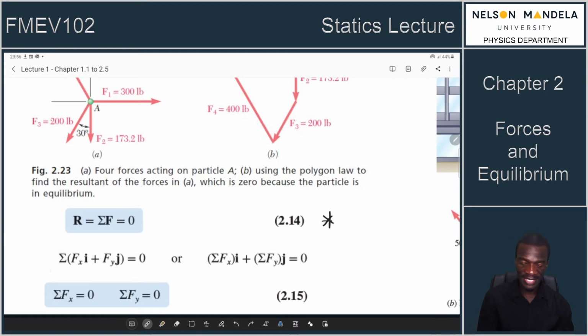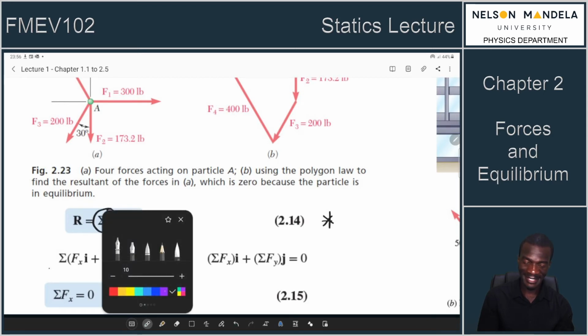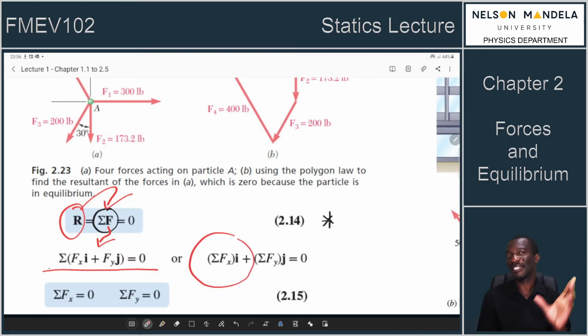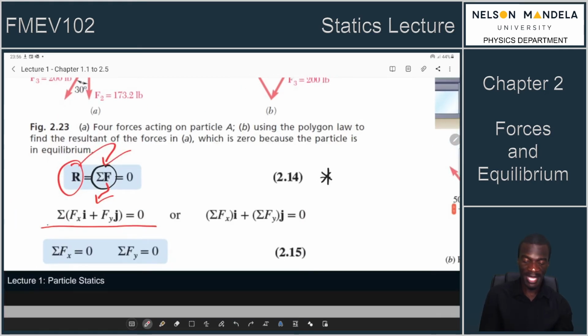So this resultant is a sum of all forces, which is a sum of forces in the x and forces in the y. Then this summation can be broken down into a sum of only the forces in the i and only the forces in the j. Then all these should add up to 0. So it implies that the sum of all x forces separately and the sum of all y forces is actually equal to 0. Right.